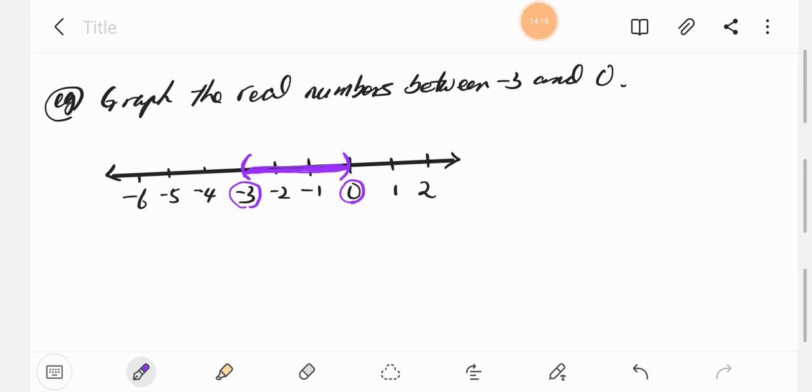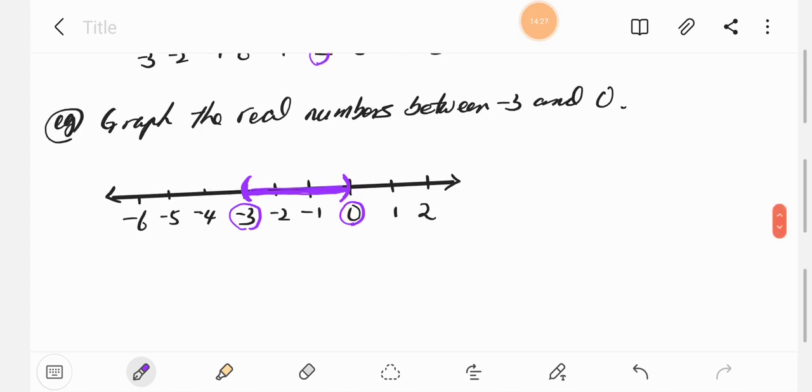Put a parenthesis around these. When you put a parenthesis, always put it opening towards the direction of the solution. The real numbers are greater than negative 3, right?